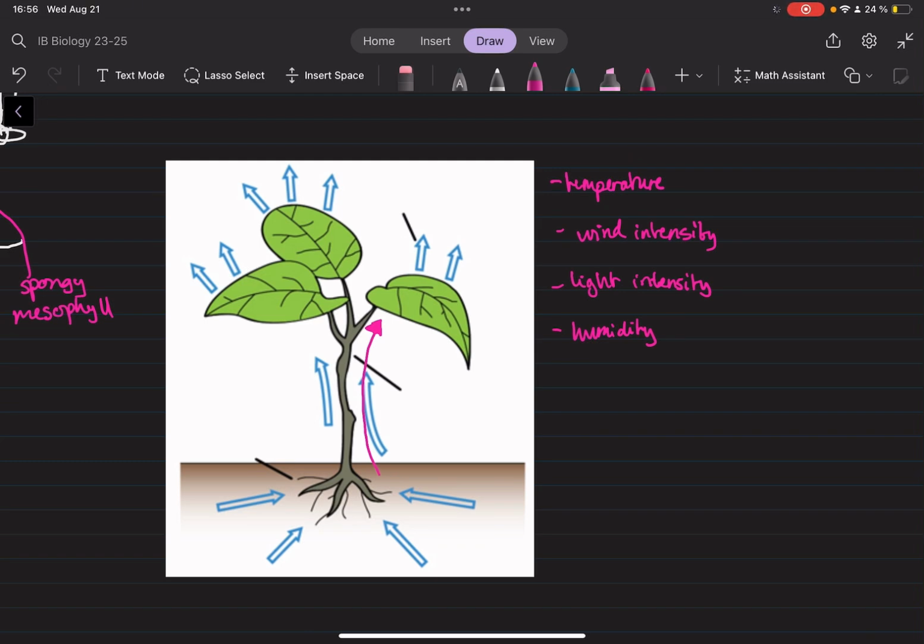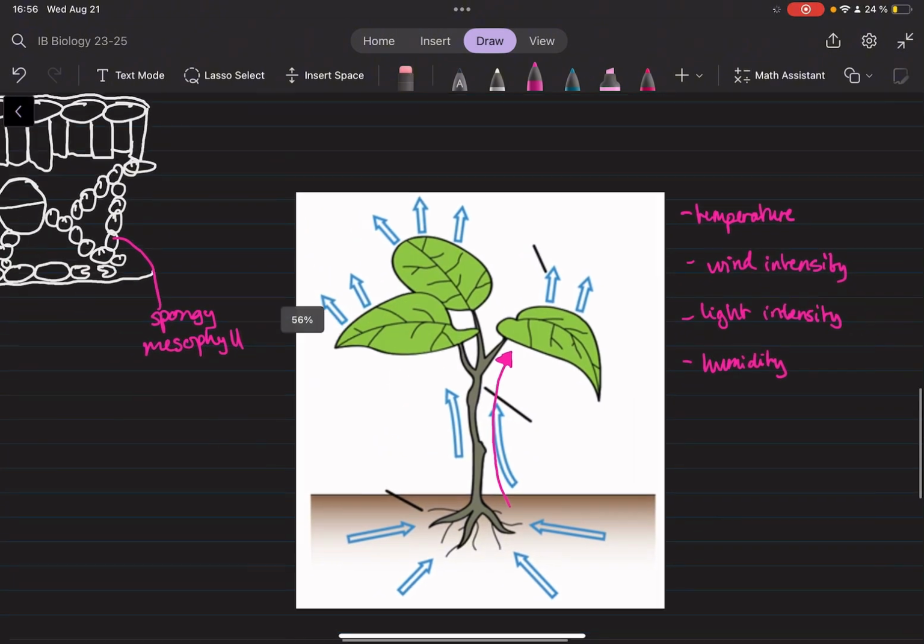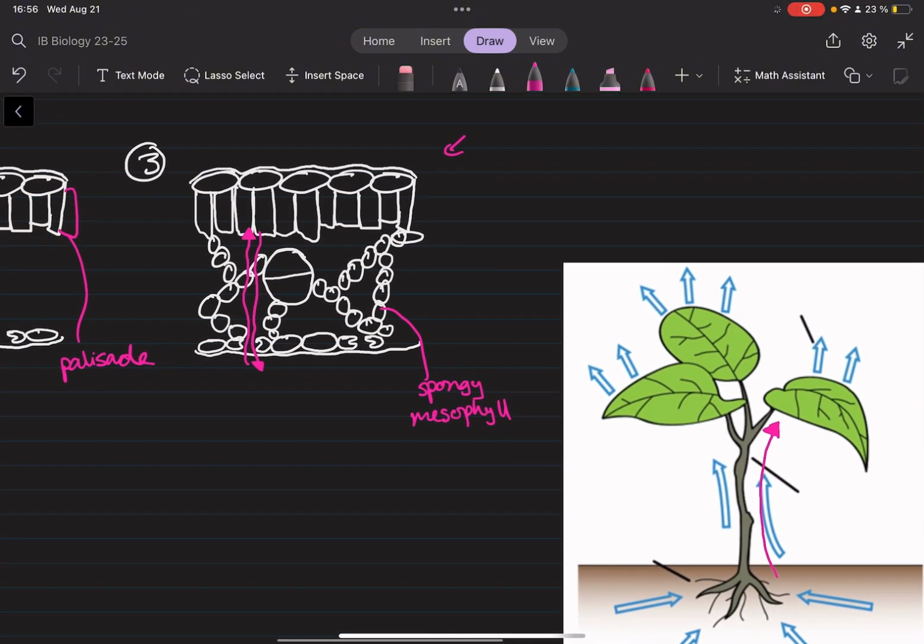Then you've got light intensity. As light intensity increases, so does the rate of transpiration. And this is because with more light, there will be more photosynthesis, and with more photosynthesis, obviously you want more carbon dioxide. As seen here, the stomata will open more.